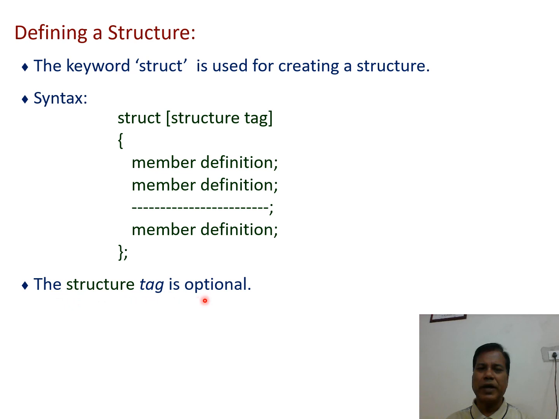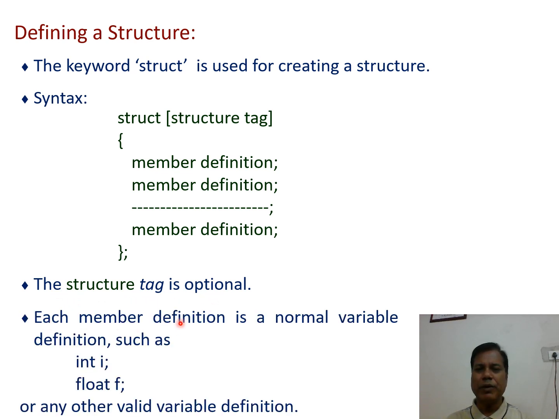The structure tag is optional. Each member definition is a normal variable definition such as int i; float f; or any other valid variable definition, meaning that in this member definition we define a variable of any kind.